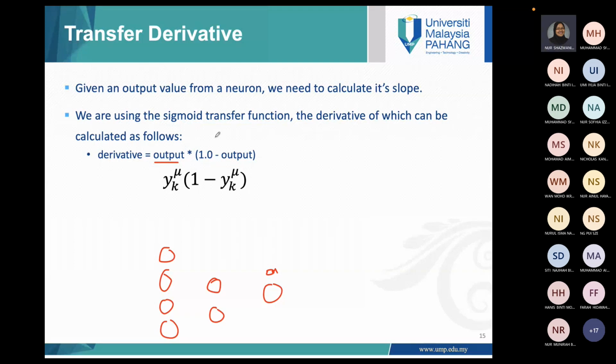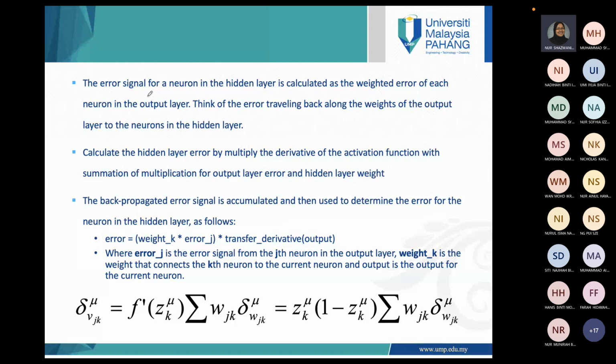The error signal for a neuron in the hidden layer is calculated as the weighted error of each neuron in the output layer. Think of the error traveling back along the weights of the output layer to the neuron in the hidden layer. We have the error after the output.